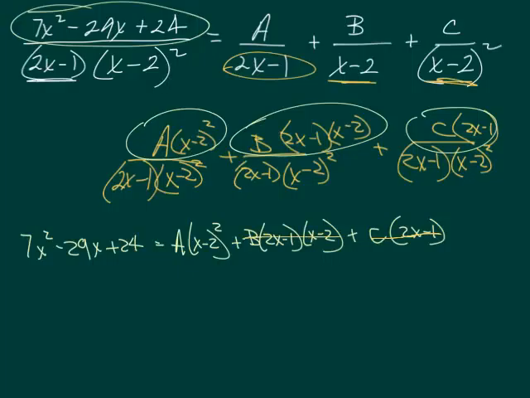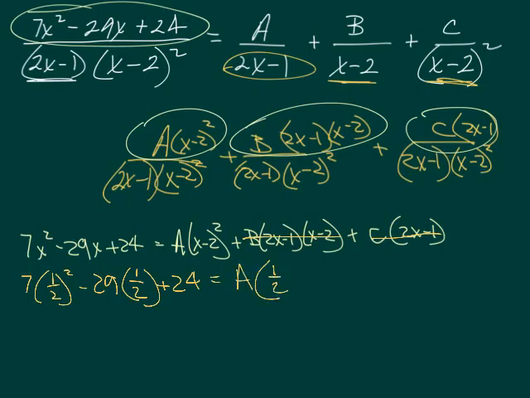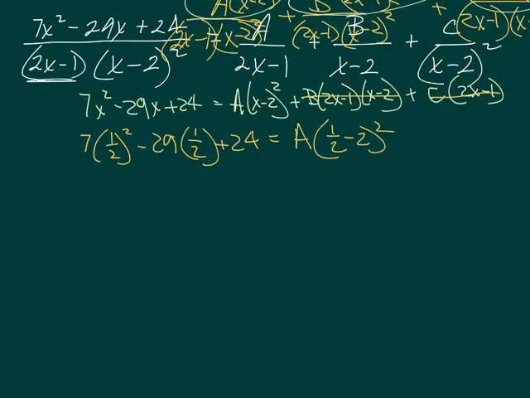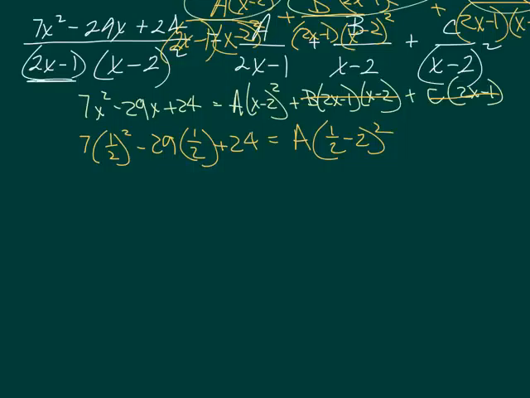So then I'm left with 7 times 1/2 squared minus 29 times 1/2 plus 24 equals a times 1/2 minus 2, the quantity squared, because my b and my c disappeared.